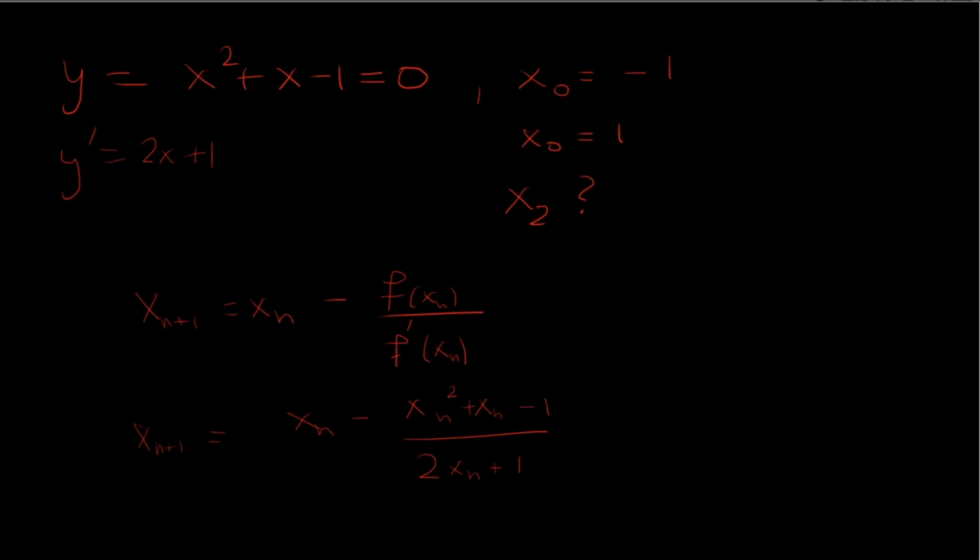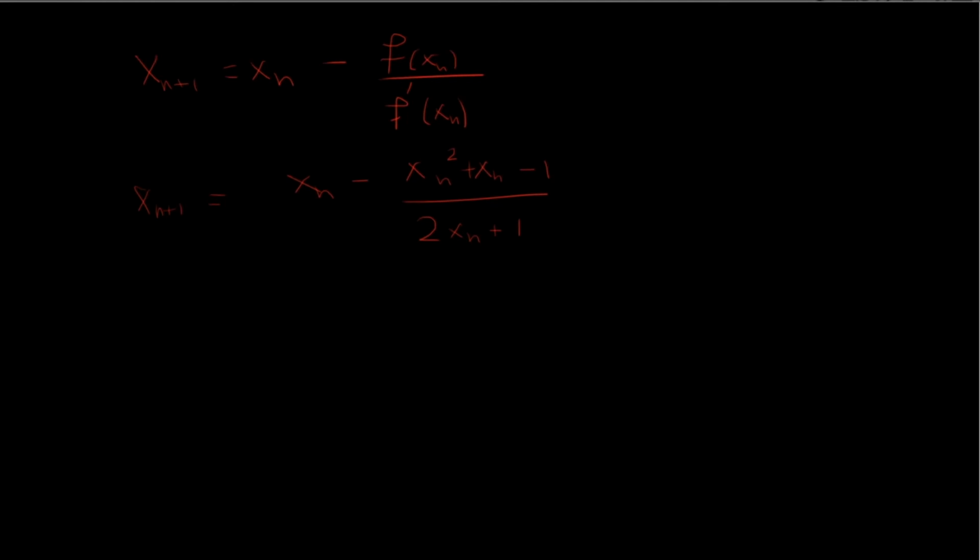Okay, so let's first start with x0 being negative 1. And we want to find x of 2. Now x sub 1 is when n is equal to 0.